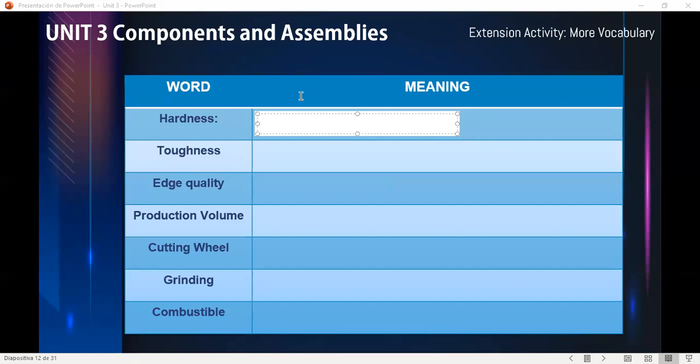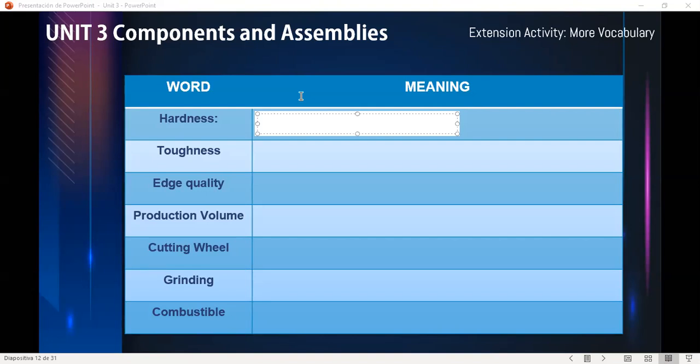Yes, exactly. Harness is a common word for us, like engineers, because we always use that word. Harness is like, in the metal, the structure, grain or structure.